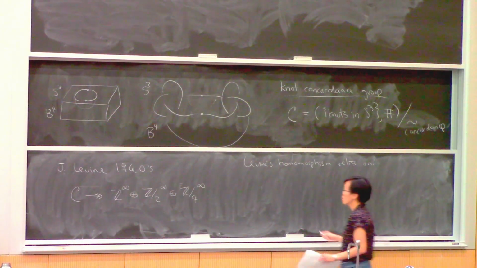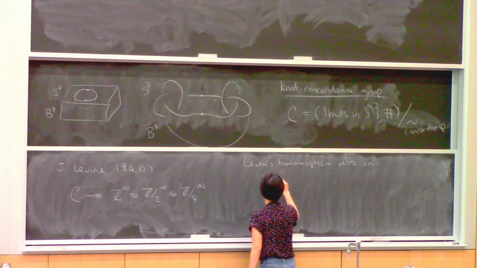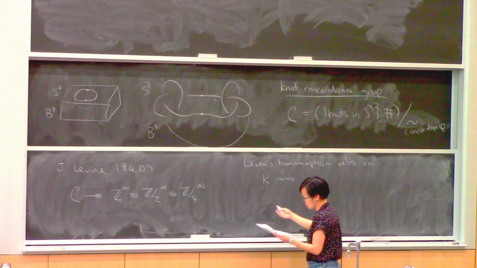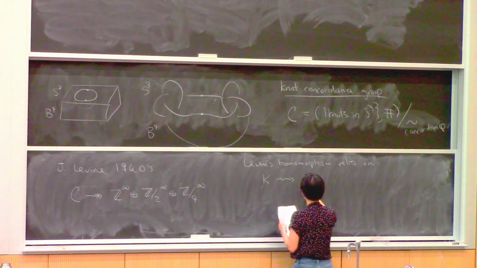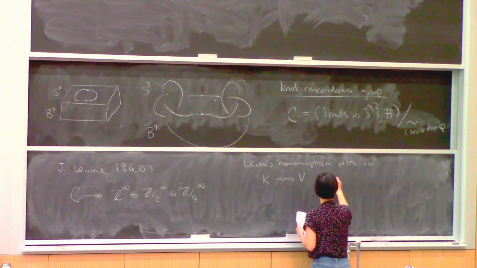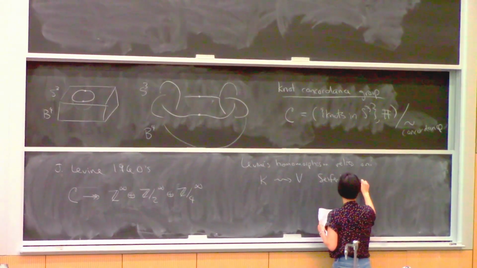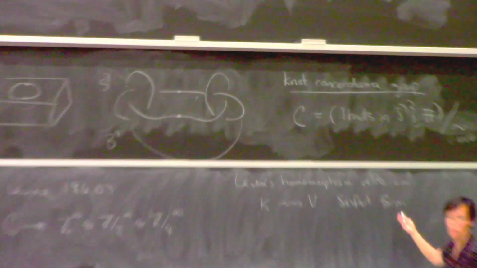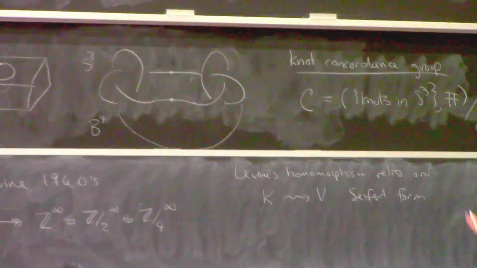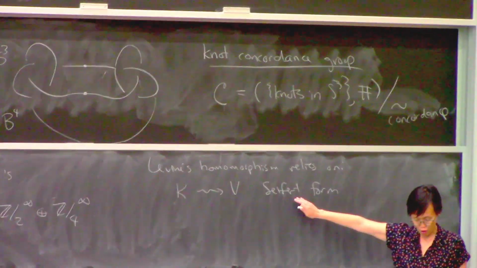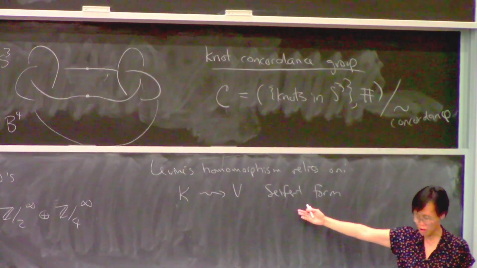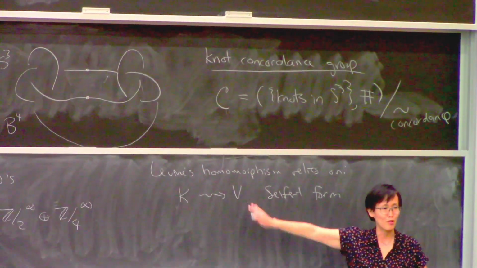To a knot K, we associate some Seifert form B. It's a bilinear form on the first homology of the Seifert surface, but for this talk, just think about this as some algebraic gadget.